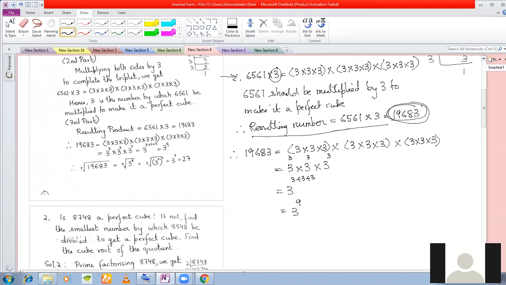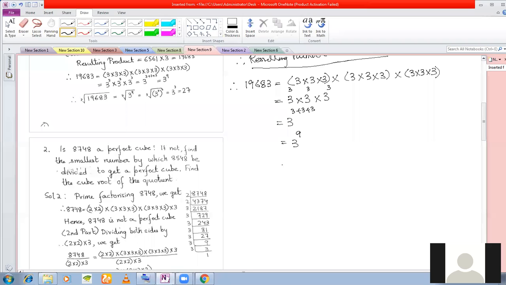Now, if I want to express 3 to the power of 9 as a power of 3 cube, I can write 3 to the power of 3 into 3, which will give you 3 cube whole cube, because a to the power of m into n is equal to a to the power of m, whole to the power of n.